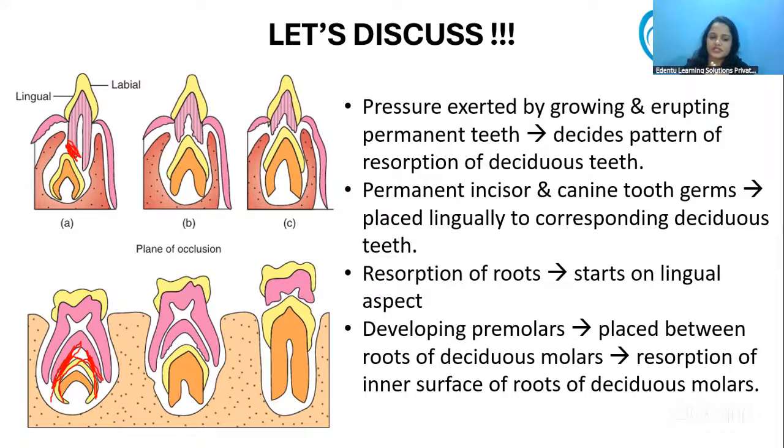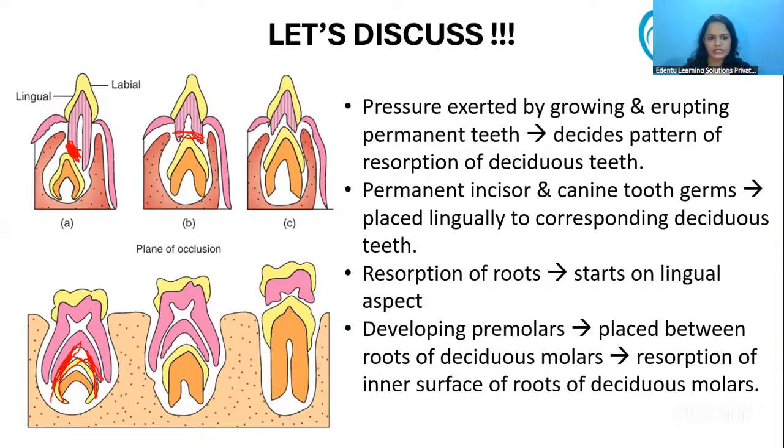After this lingual placement of the tooth bud and the start of lingual root resorption, when around two thirds of the root is resorbed, the tooth bud will move a little and come right under the deciduous teeth.